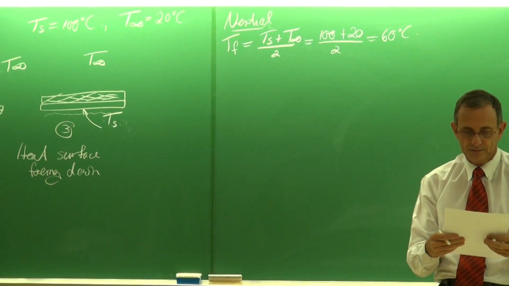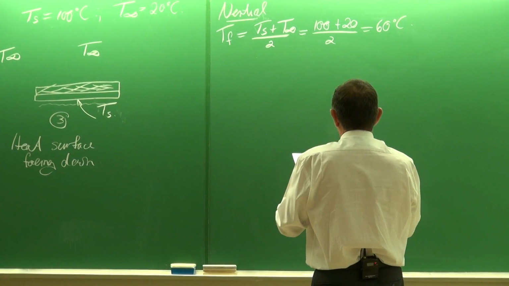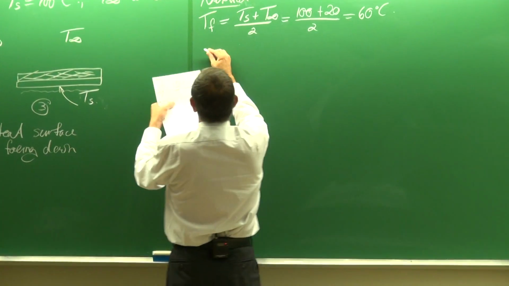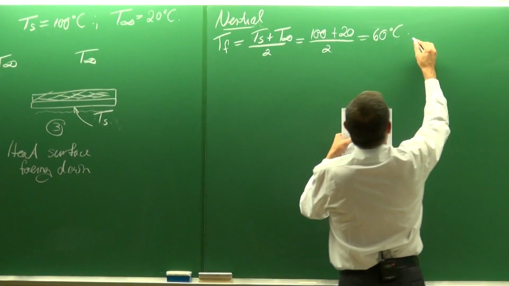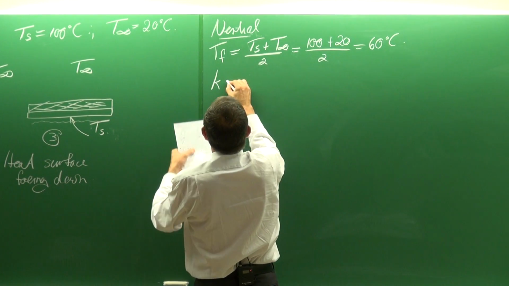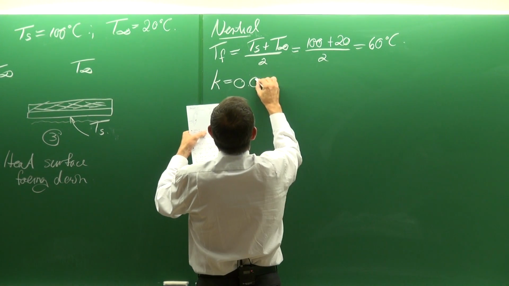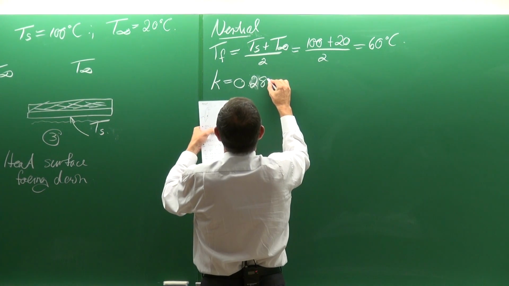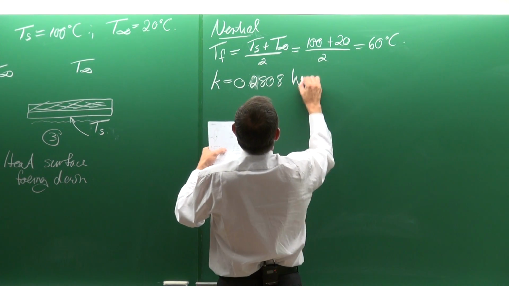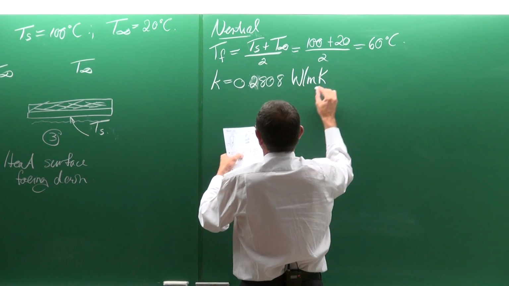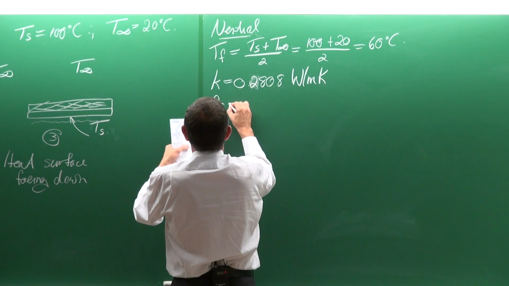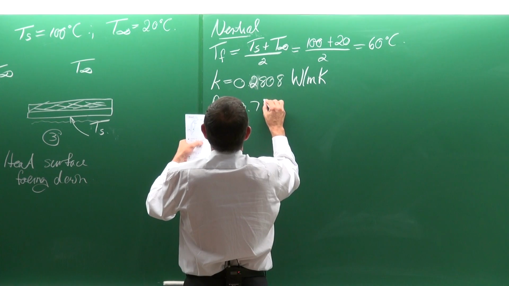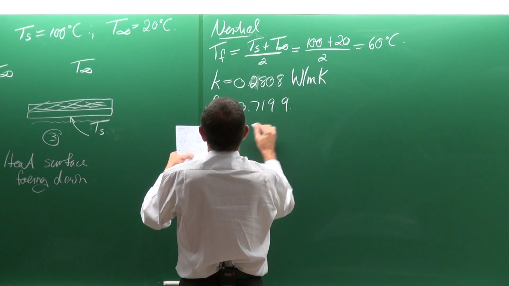Right. Now at that temperature, we can get the properties of the thermal conductivity K, which is equal to 0.2808 watts per meter Kelvin. The Prandtl number is equal to 0.7199.